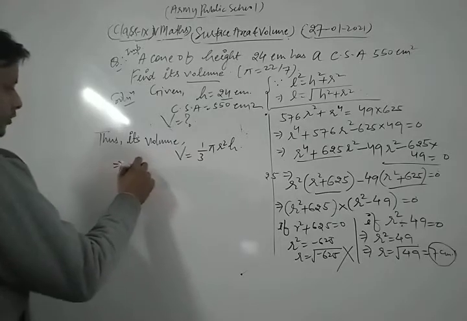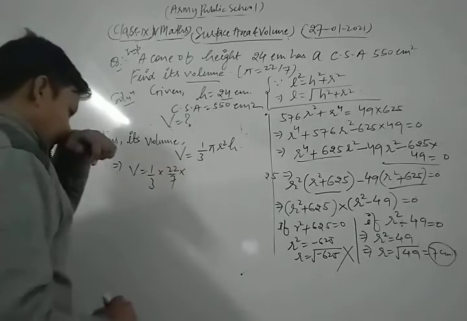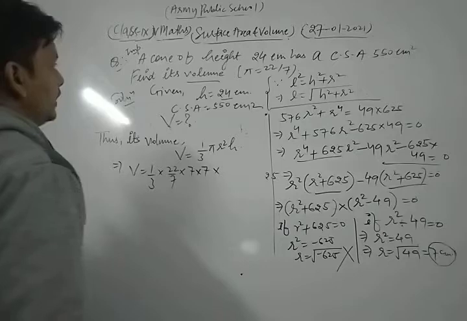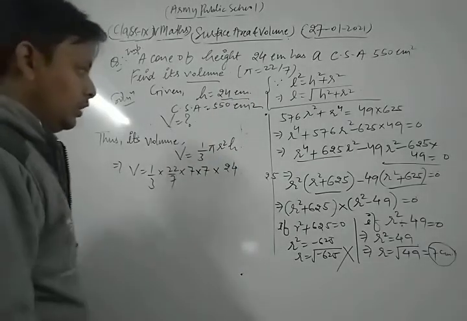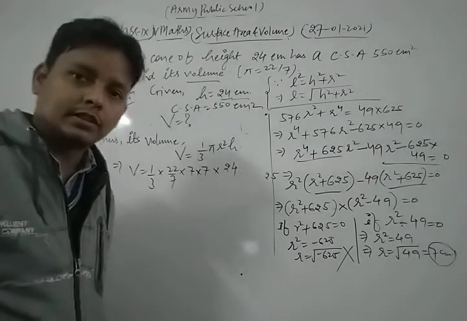So we get V is equal to 1 by 3 into 22 upon 7 into r square, this is 7 into 7, into the value of h, this is 24. Here we put 24.